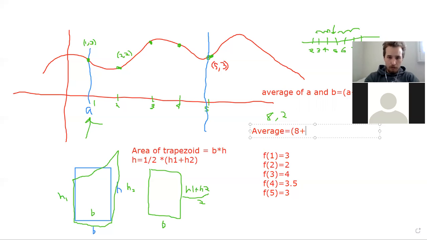Take 8 plus 2 all over 2, and we get 10 over 2, which is equal to 5. Are you following me on average?